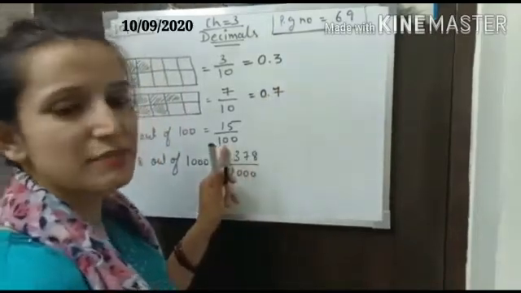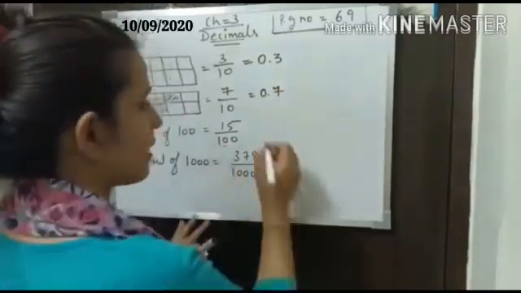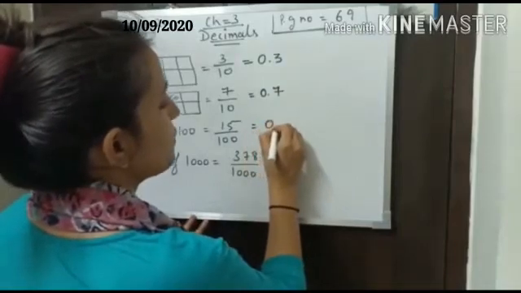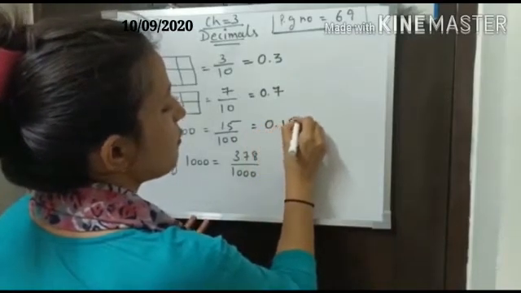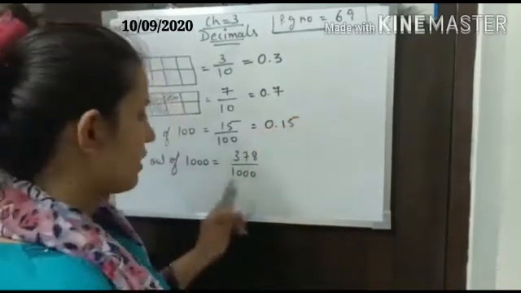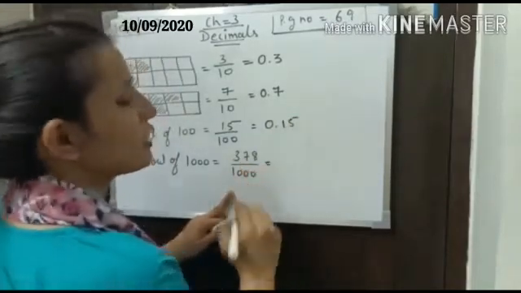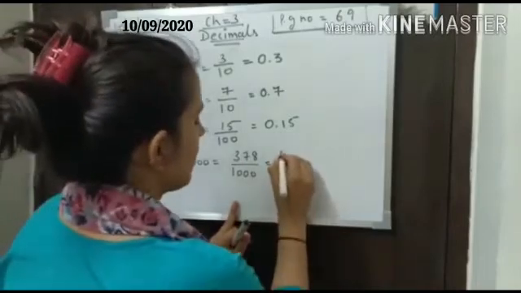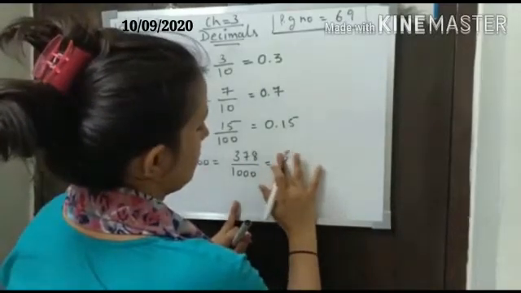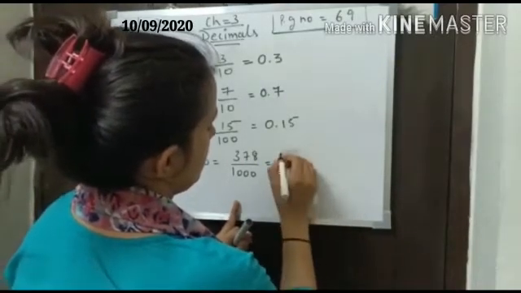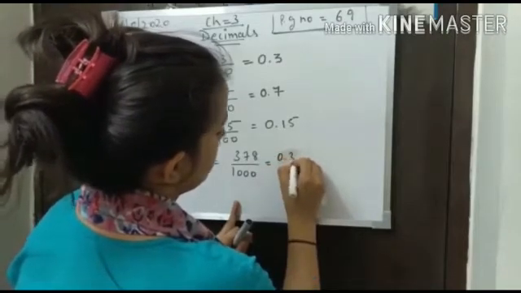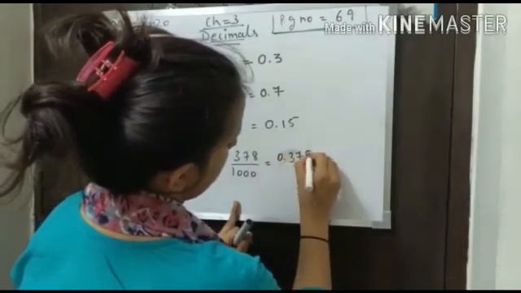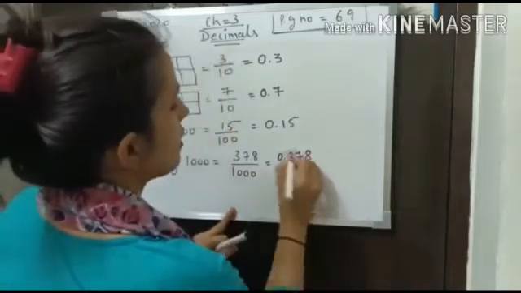Here, 15 by 100 can be represented as 0.15. Another one: 378 by 1000 can be represented as 0.378.